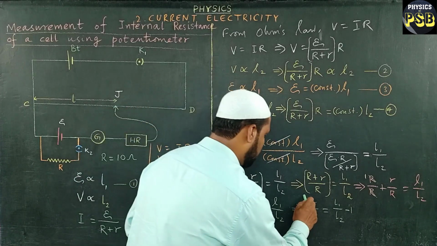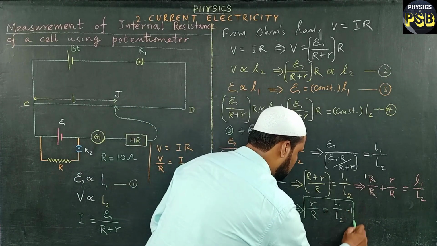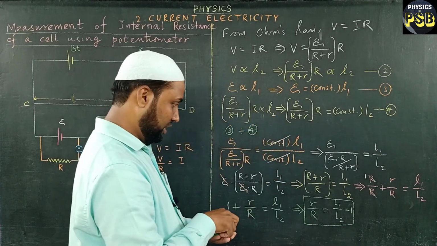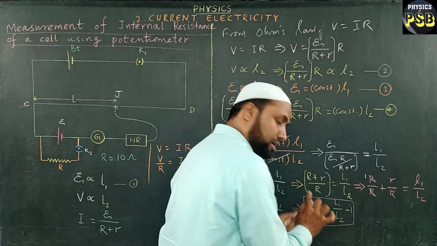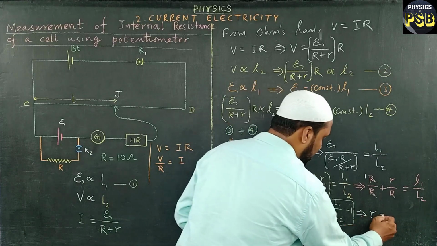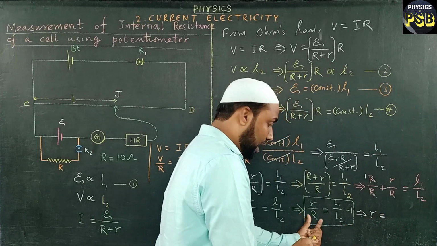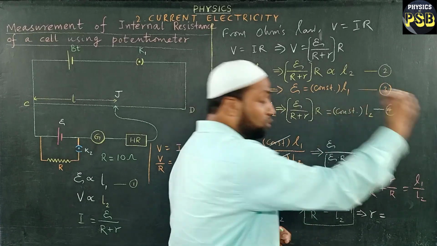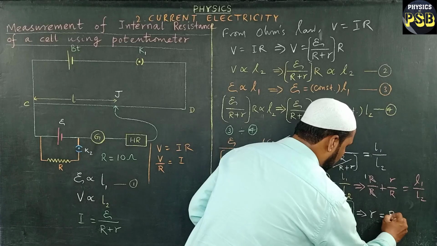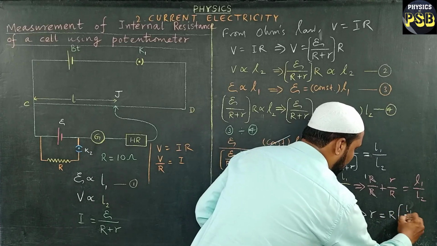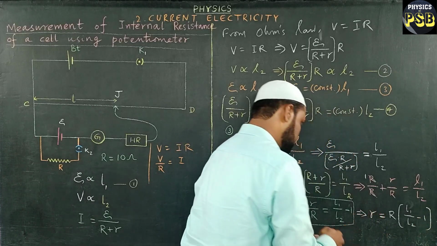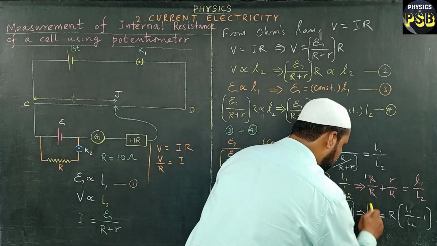Box this. Then the next step, I'll keep small r here, and this term, capital R, which is in the denominator, is taken to the right hand side. So it will multiply. So r equals R into L1 upon L2 minus 1. This is the final expression we obtained.